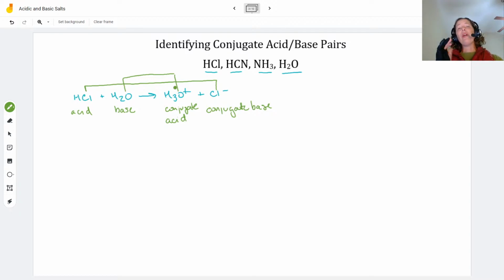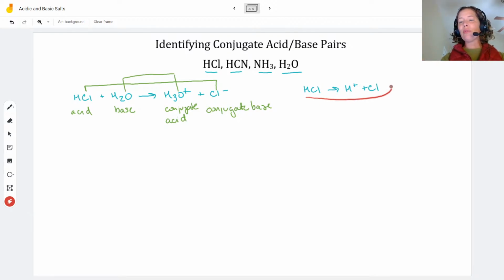So when you're doing these acid-base conjugate pairs, you're going to be looking for two pairs of acid-base. The only exception, and I'll just throw this out here, is if you write the dissociation of hydrochloric acid like this, because in essence, you have just thrown the proton out here and nothing is accepting it. Nothing is acting as the base to accept it.